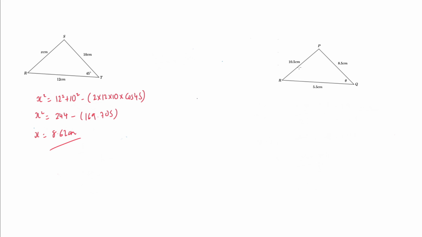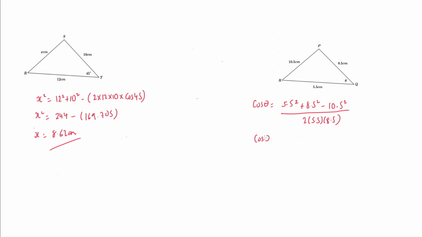Okay, for the second one, we're going to find the angle this time. So we're going to say cos A, so it's going to be cos theta equals b squared, which could be 5.5 or 8.5, doesn't matter, 5.5 squared, plus c squared, so plus 8.5 squared, minus a squared, which is 10.5 squared, over 2bc, which is 2 times 5.5 times 8.5.